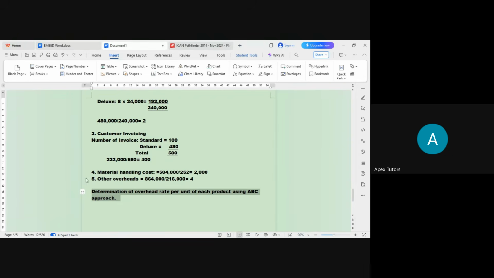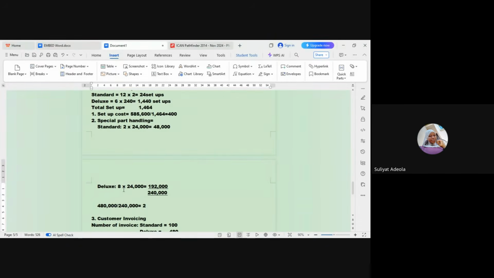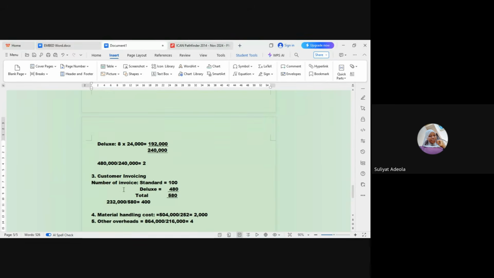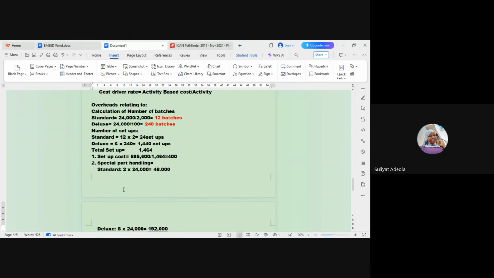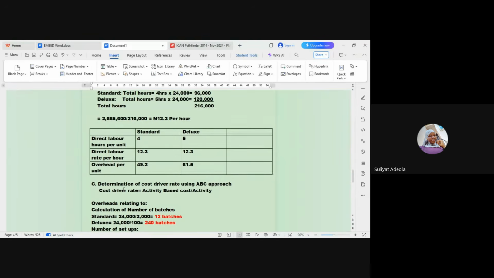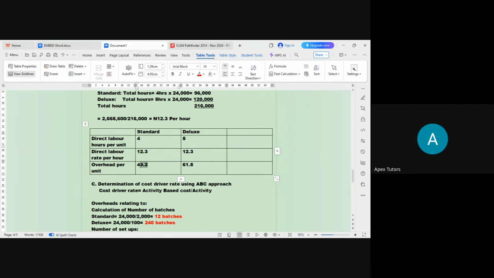It is the direct labor rate per hour multiplied by direct labor hours per unit. You have this. Maybe let me put multiplication here.